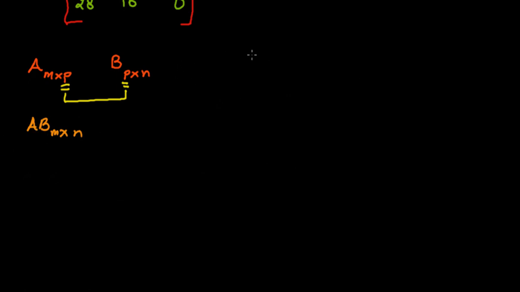I will explain it with numbers also. We have a matrix A of order 3 by 2 and another matrix B of order 2 by 4.